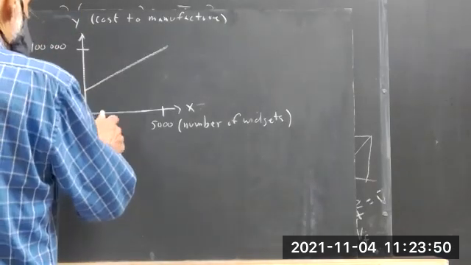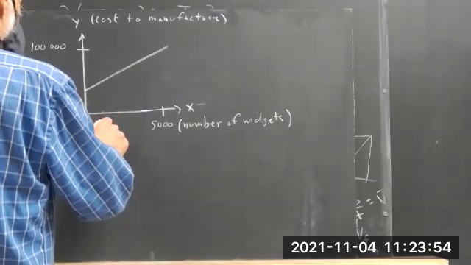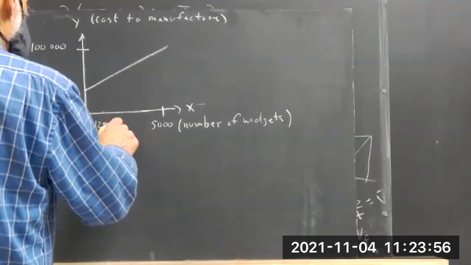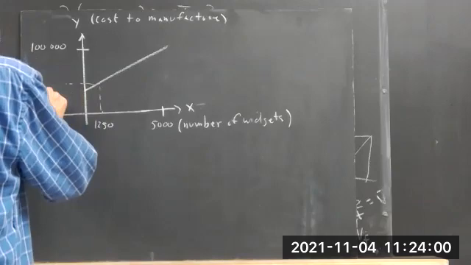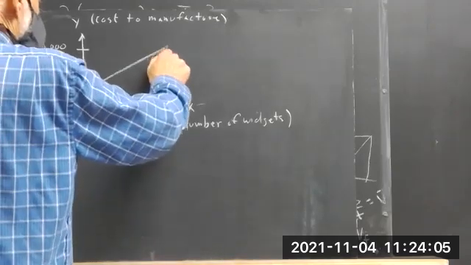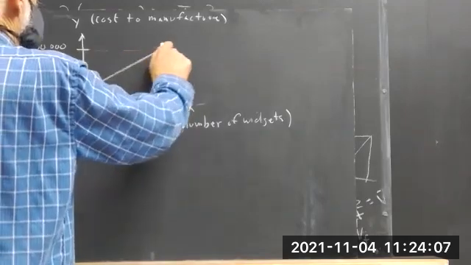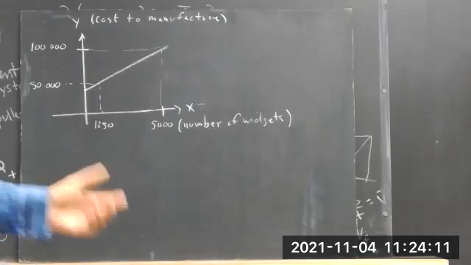So the estimate made, a pretty reasonable estimate, was 1,250 here and 50,000 here. And then the estimate was made, well, this point corresponds to the 5,000 and the 100,000, which is a pretty reasonable estimate.